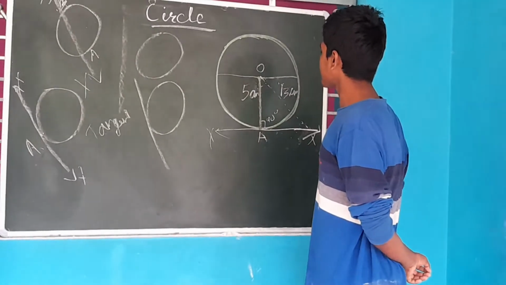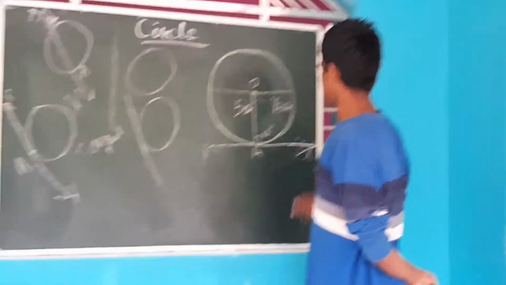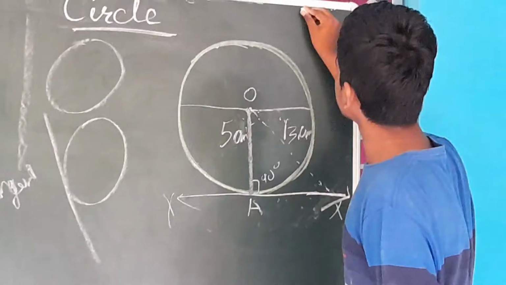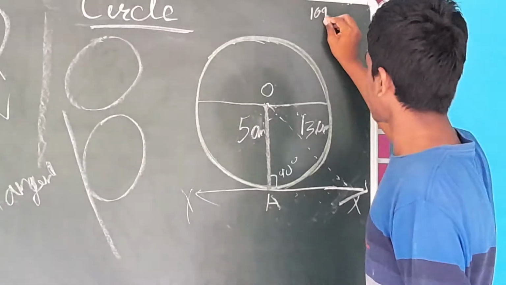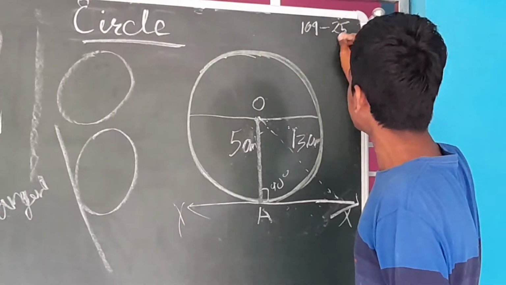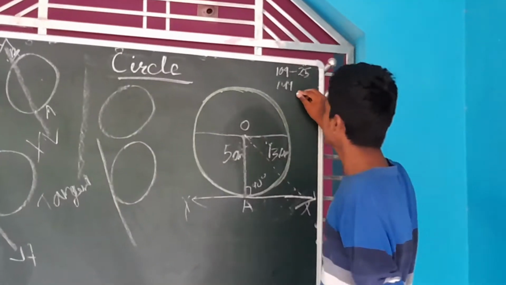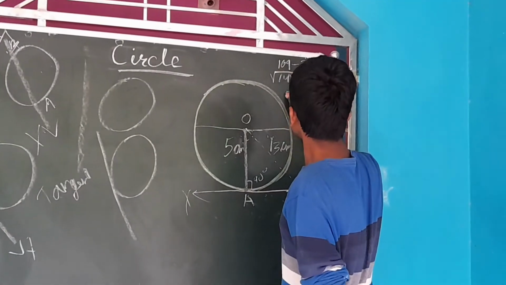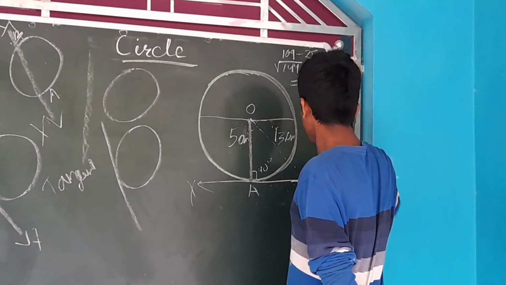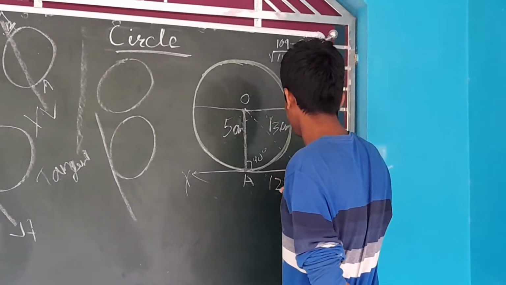By putting in the Pythagoras theorem, the square of 13 is 169 and the square of 5 is 25. By this we get 144. We take the root, which gives 12 cm. So we have found that AX equals 12 cm.